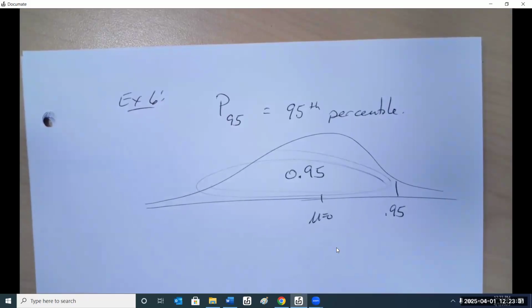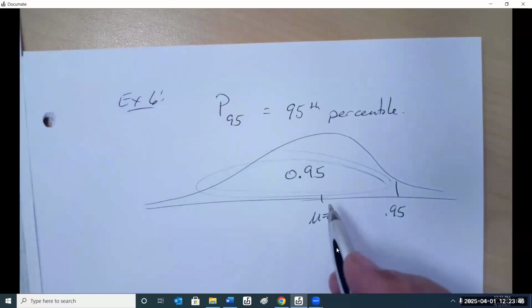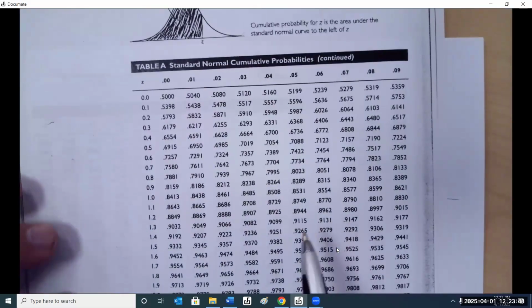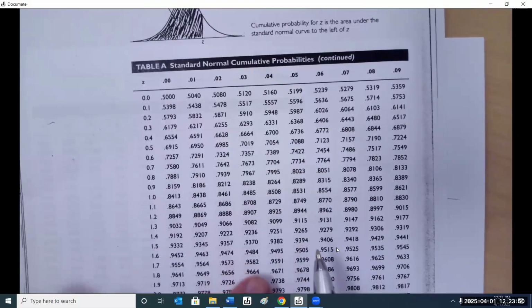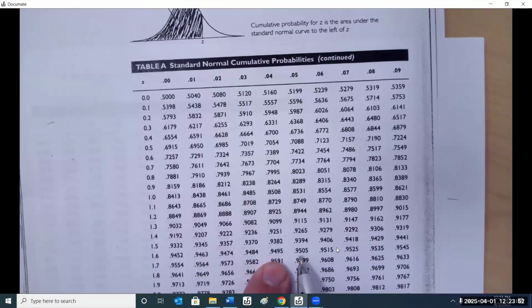What's that again? But what's the z-score? If you look at the z-score table, 0.95 falls between these two.